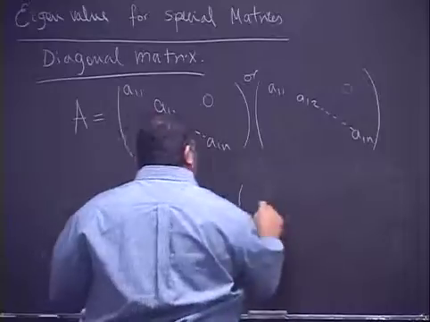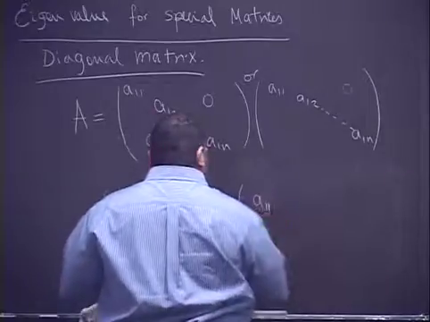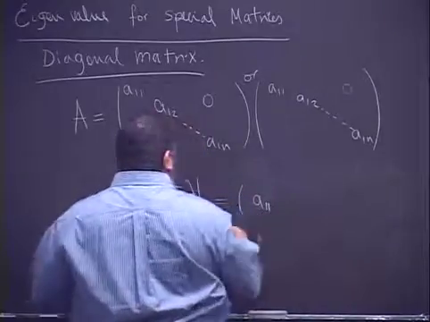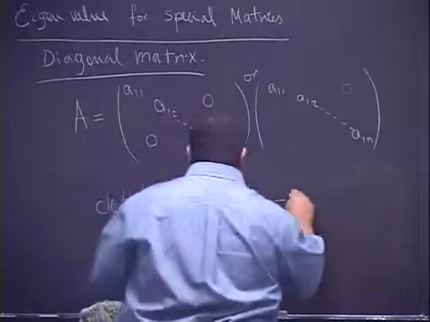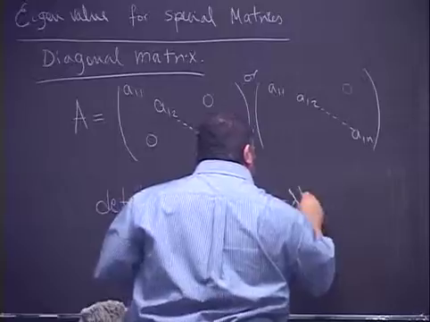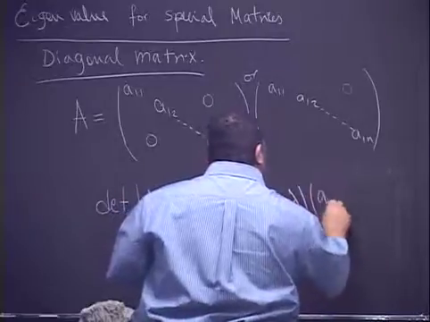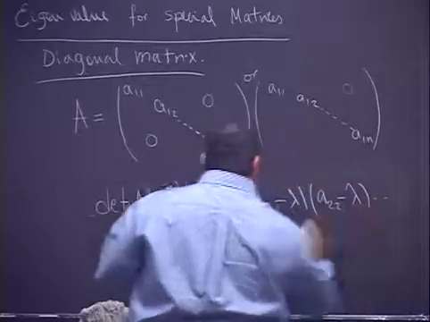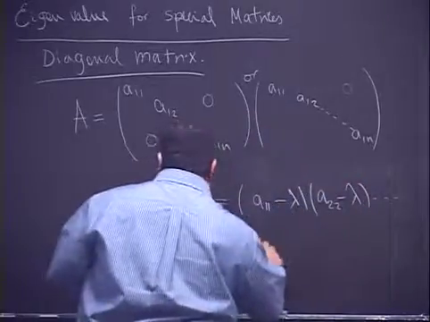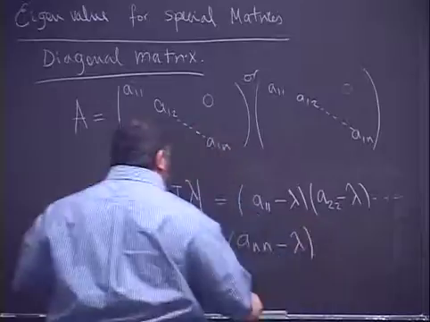If you just substitute and do the decomposition for the determinant, it will be A11 minus lambda multiplied by A22 minus lambda up to Ann minus lambda.